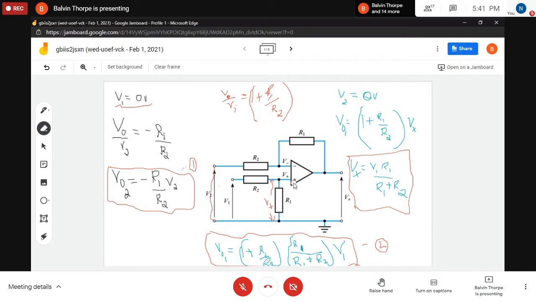So based on this formula here, I'm going to make a modification by changing this and putting that over here, to say that the output voltage of the non-inverting amplifier is 1 plus R, and this is R1 in this case, but for generalization, it is 1 plus the feedback resistor over the input resistor, times the input voltage.